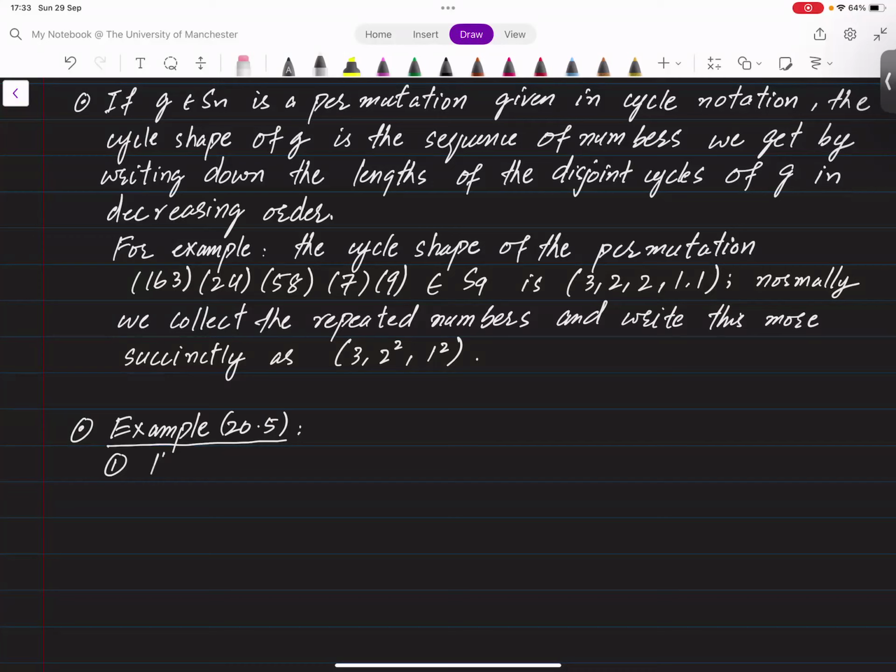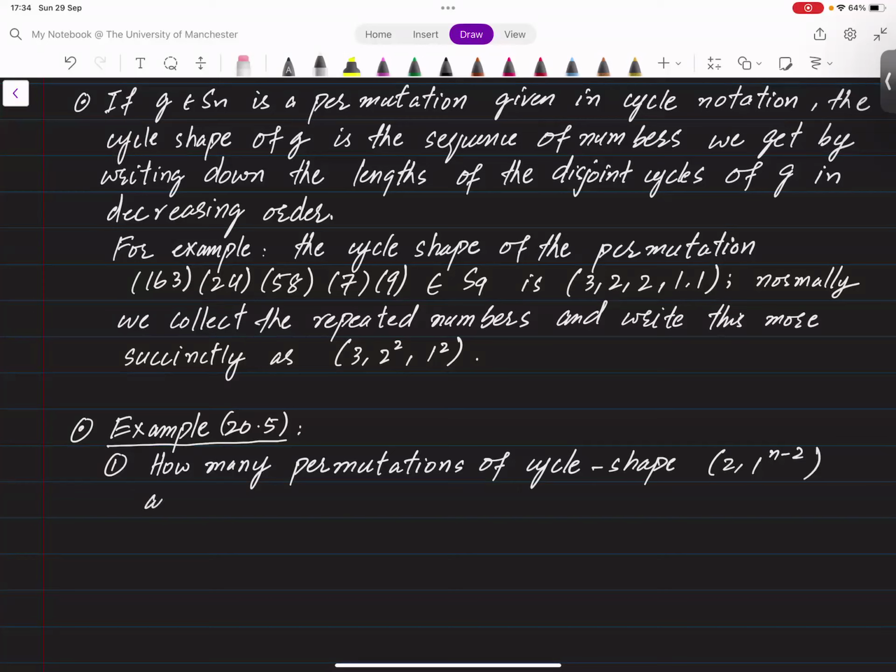Okay, so the question is how many permutations of cycle shape 2, 1 power n minus 2 are there in the set Sn?